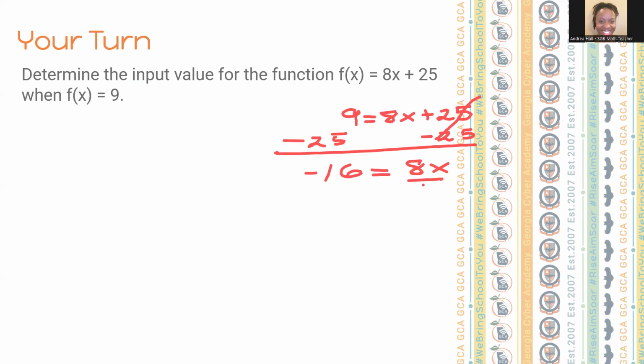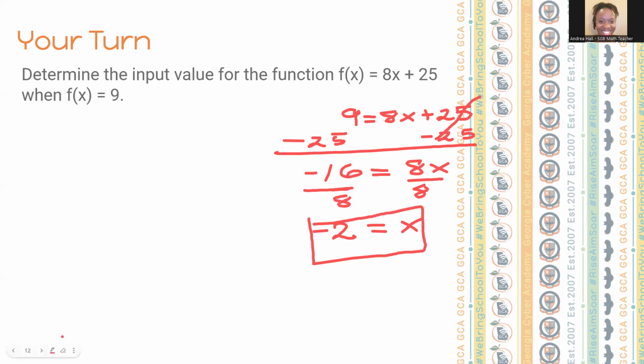And I'm going to divide both sides by 8. X is equal to -2. And that's our answer here. All right, so that is evaluating function notation.